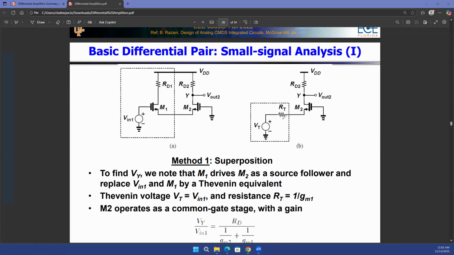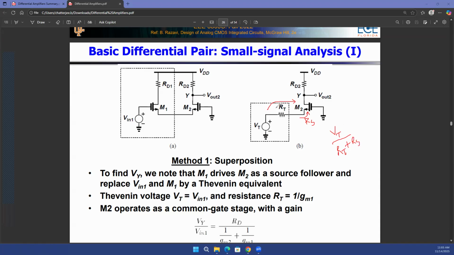Because this resistance is RT, and looking into the source of the M2, you again see some sort of a RS, the source resistance looking into the M2. So the current that flows out of VT, out of this black box, is going to be VT divided by RT plus RS.